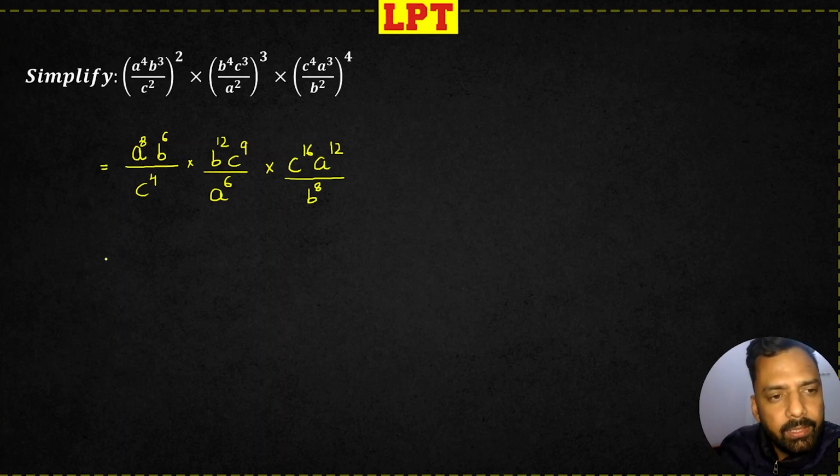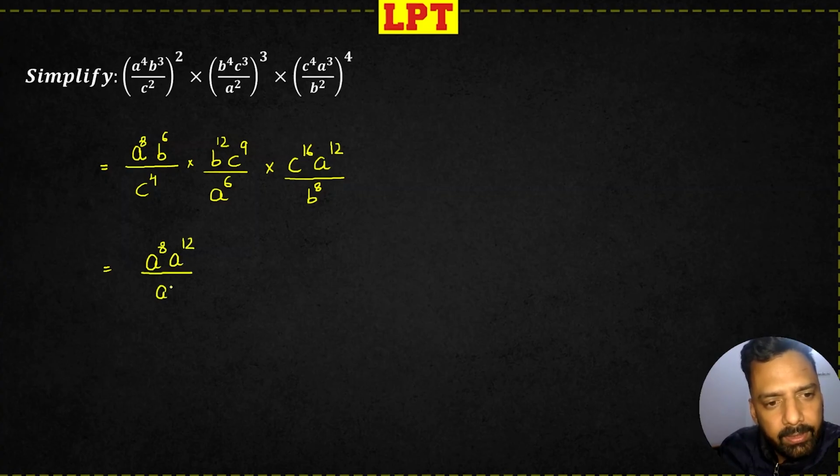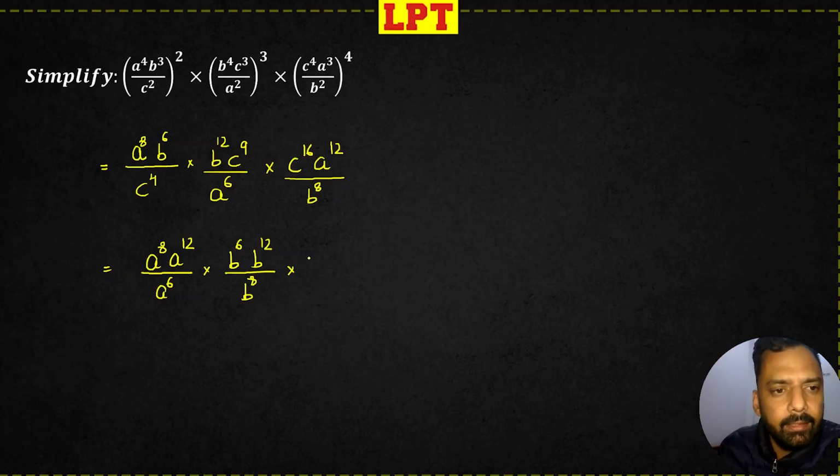नाउ अगर हम सारी जो सेम पावर्स है, like a to the power 8, I have a to the power 12 यहाँ पे है, and इधर लिख लेते हैं a to the power 6 को, into here I have b to the power 6, b to the power 12 and नीचे b to the power 8, सारी सेम बेसिस वालों को एक साथ लिख लेते हैं.